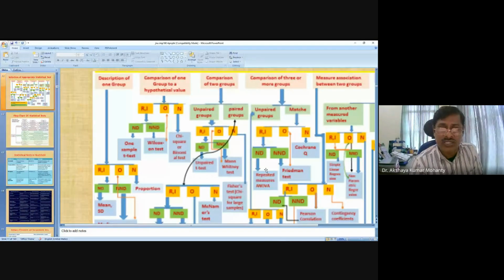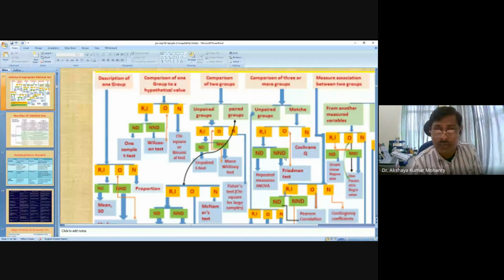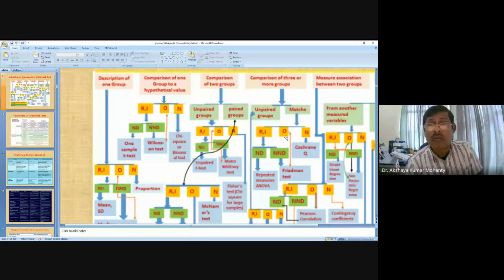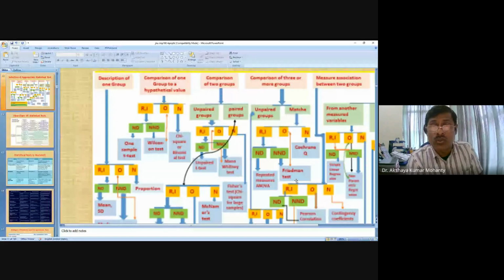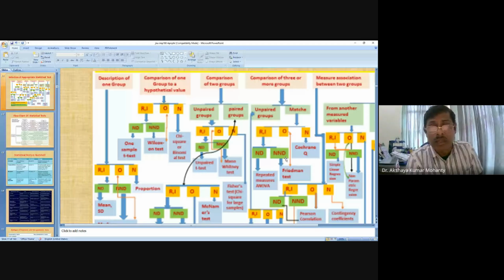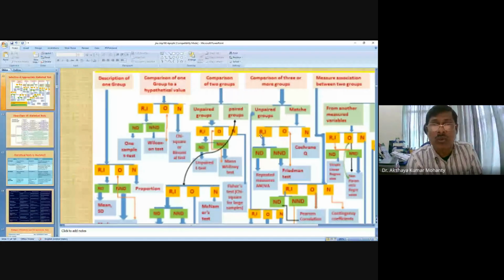If it is non-normal distribution with ratio and interval, then we can use the Friedman test. The same Friedman test we can use for the ordinal data set. So the Friedman test you can use in two cases: either the ordinal data set, or the ratio or interval data set.